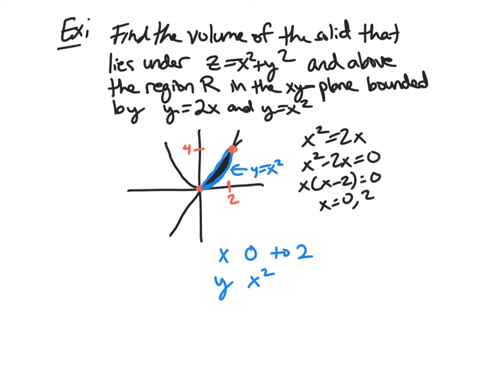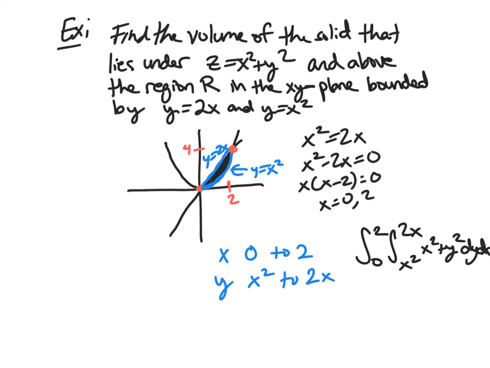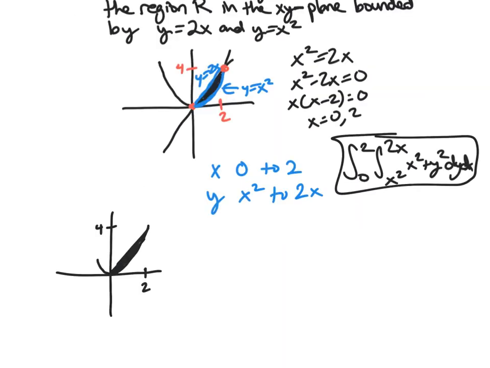And then on top is y equals 2x. So that's our top function, right? These would be like our g1 and g2 of x. And so the integral that you would set up is going to be x from 0 to 2, y from x squared to 2x of x squared plus y squared dy dx. So that's one way to do it, right? And we'll just stop with the setup there.